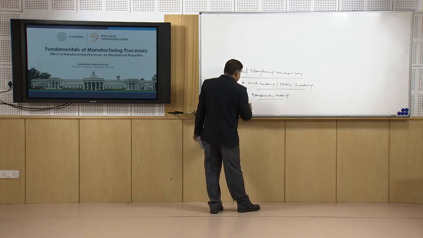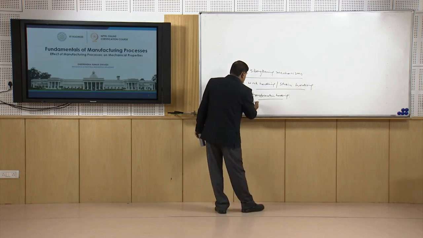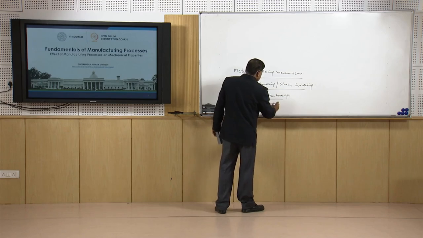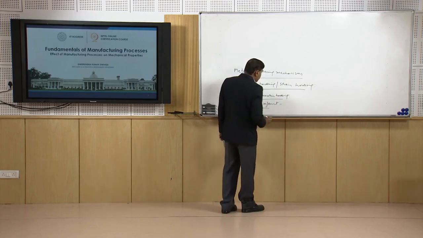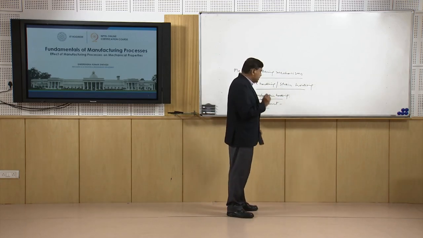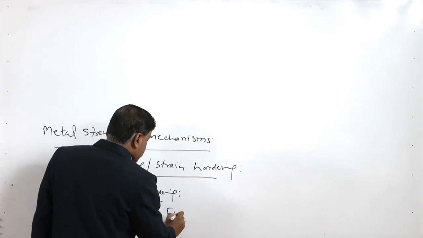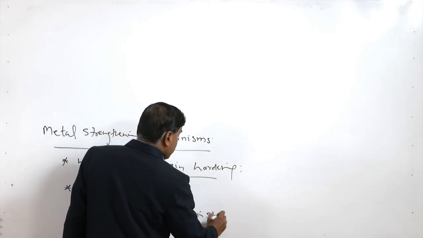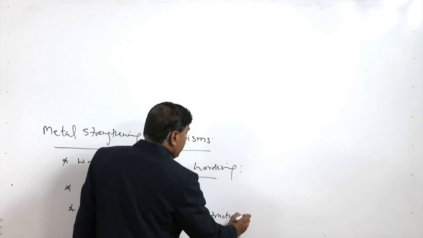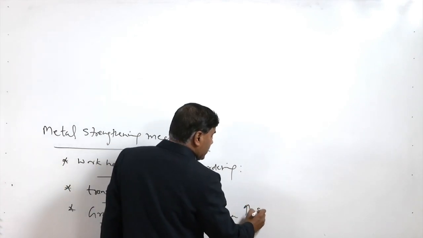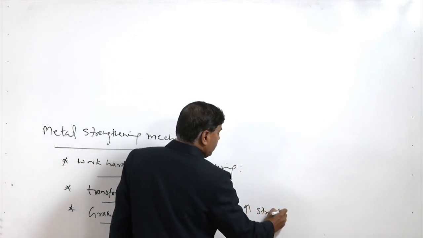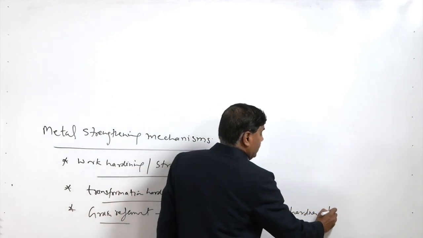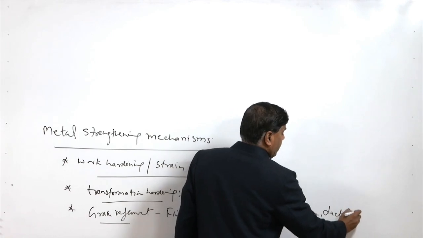Then the third mechanism is the grain refinement. We know that in general the fine grain structure results in the increased strength, hardness, ductility and toughness.